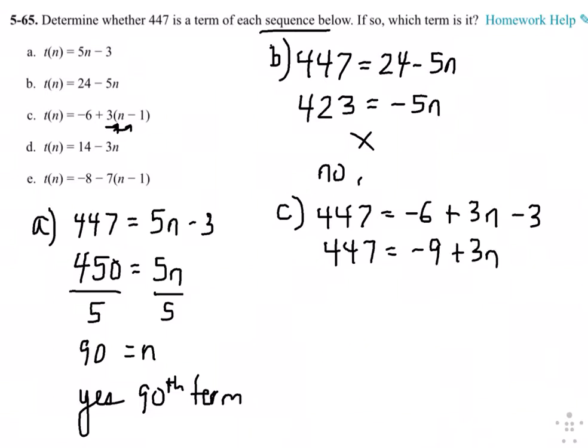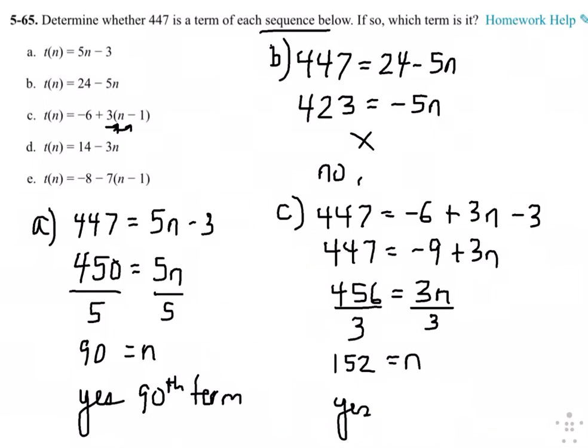We add 9 to both sides, so I get 456 equals 3n. And then we divide by 3. That gives me 152 equals n. So we say yes, the 152nd term for C.